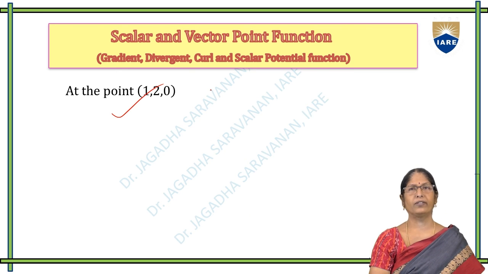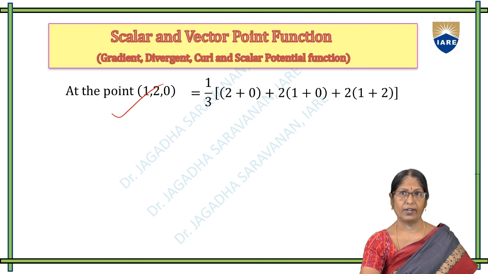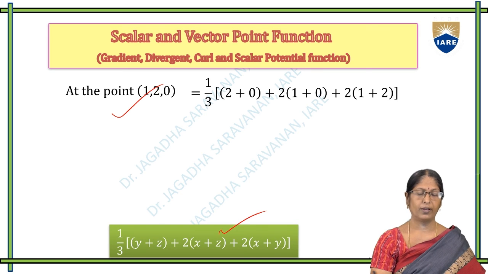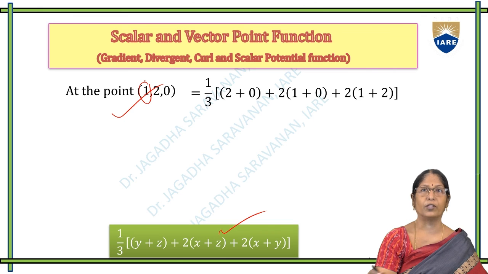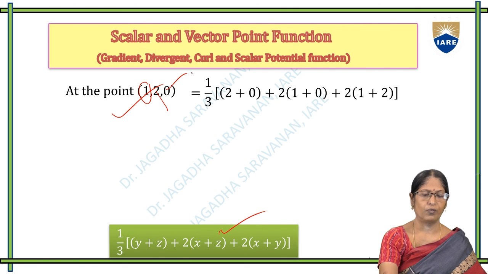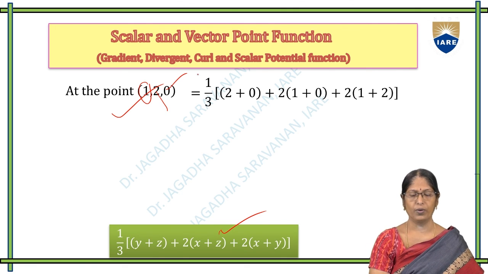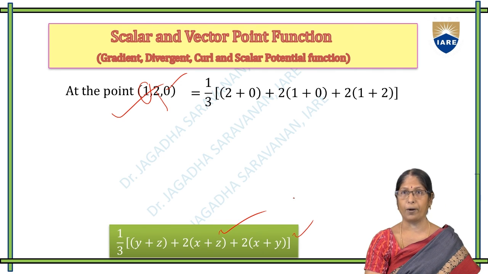The result we want is at the point (1, 2, 0). So we substitute: 1 for x, 2 for y, and 0 for z.